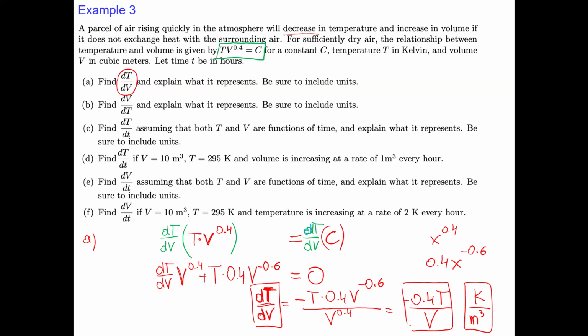I think that makes sense. Okay, now let's do dV/dT, the other way: how the volume is changing with respect to the temperature. That means part B will measure quantitatively the change in the volume of the air parcel as the temperature changes. Okay, let's see.